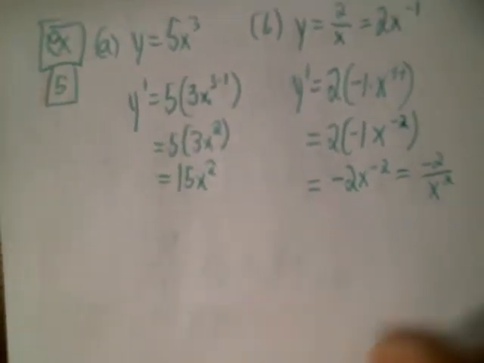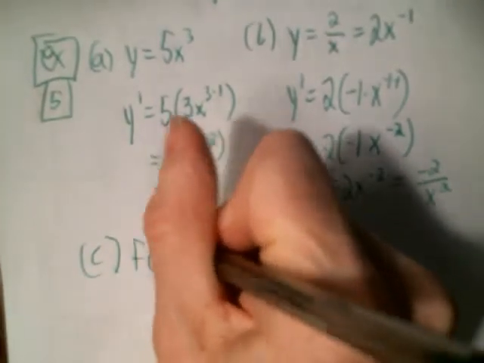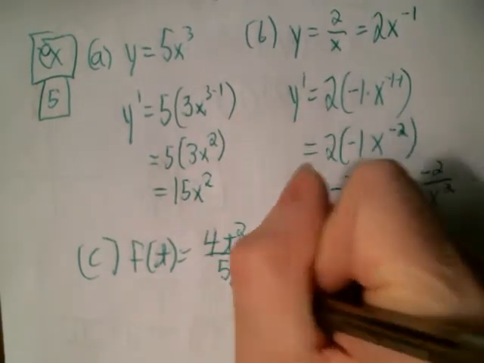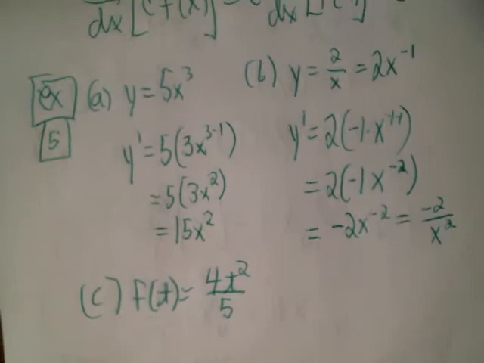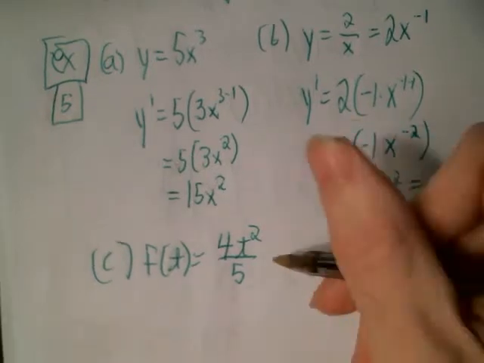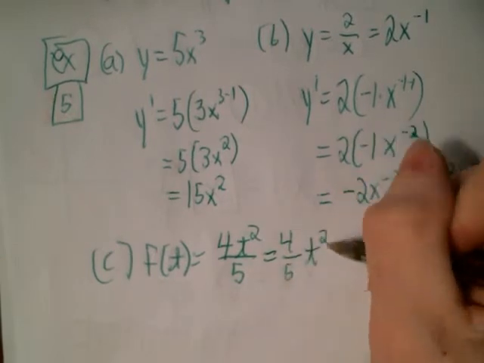What else do they have for us? It's part C now. f of t is 4t squared all over 5. You can reimagine this as 4/5 t squared.